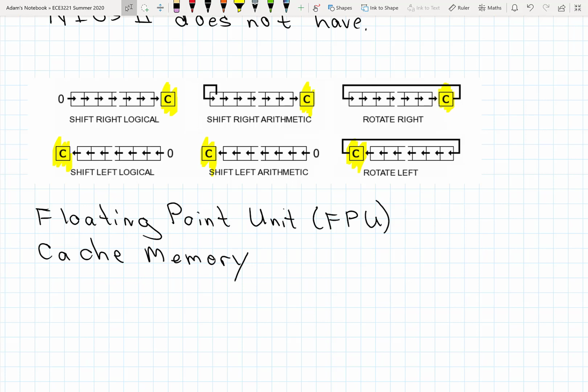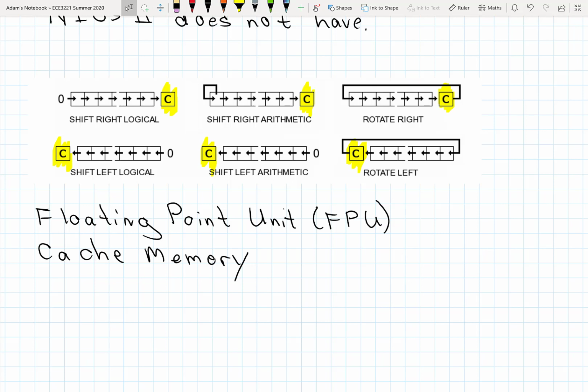There's many examples of processors that have multiple buses to allow simultaneous processes to occur, and of course most people are aware that multi-core processors exist, and that is kind of exactly as it sounds.